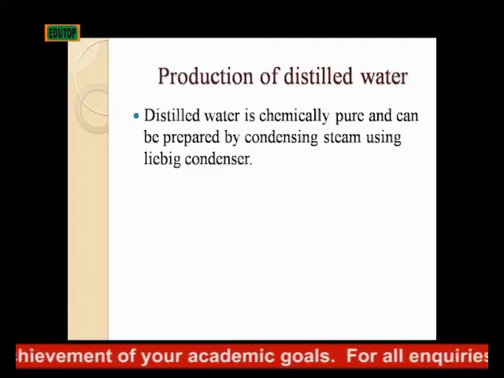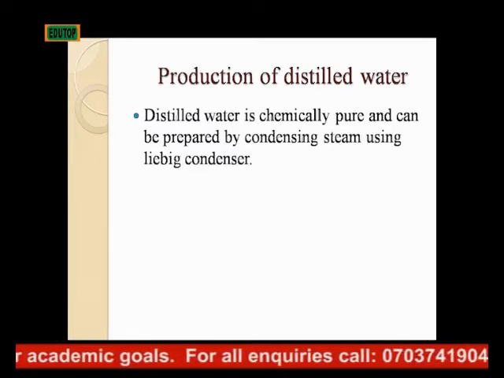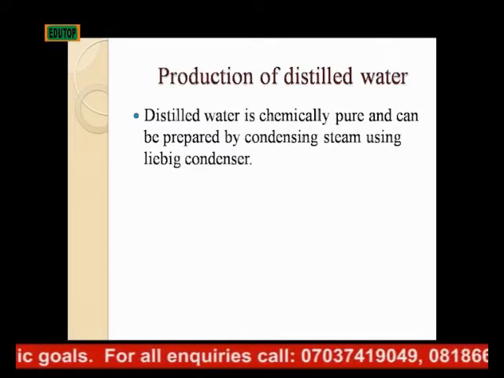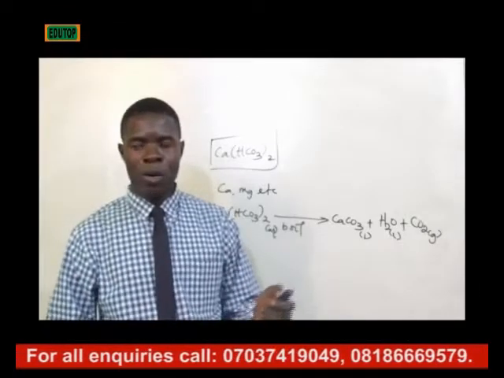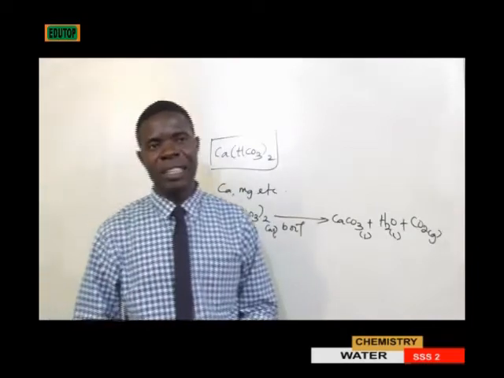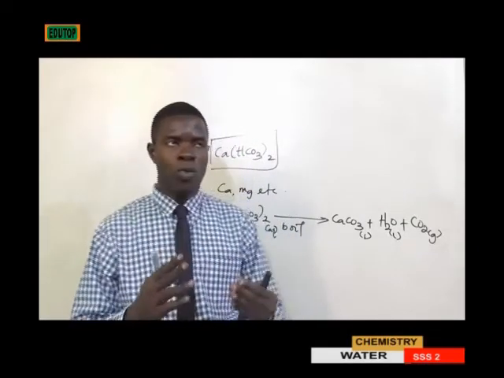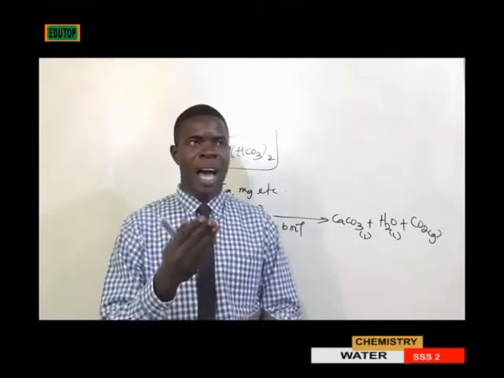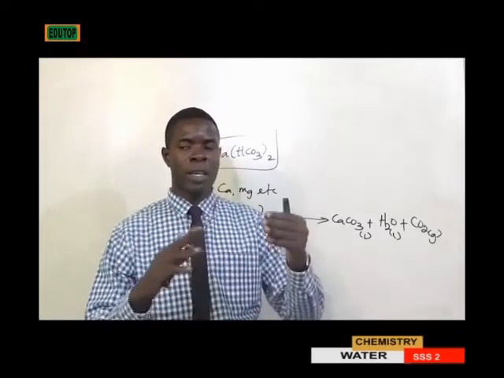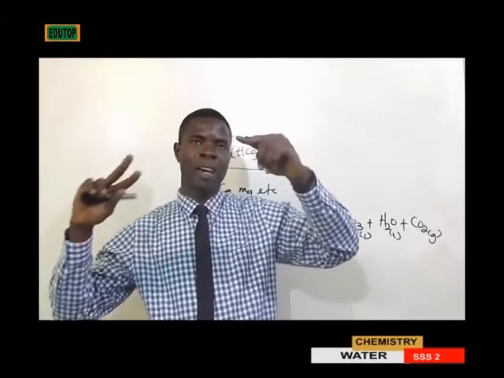Production of distilled water. Distilled water is chemically pure and can be prepared by condensing steam using a Liebig condenser. The Liebig condenser is very useful in fractional distillation. When you heat, the liquid vaporizes, and the vapor enters the Liebig condenser, which is connected in a fascinating manner.